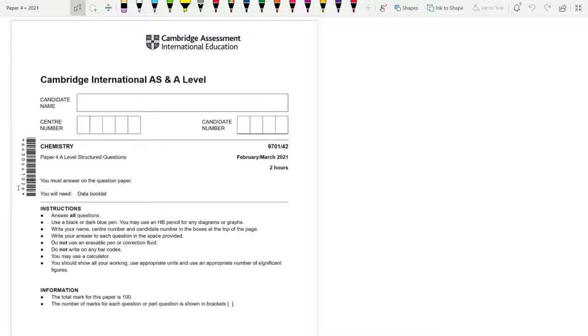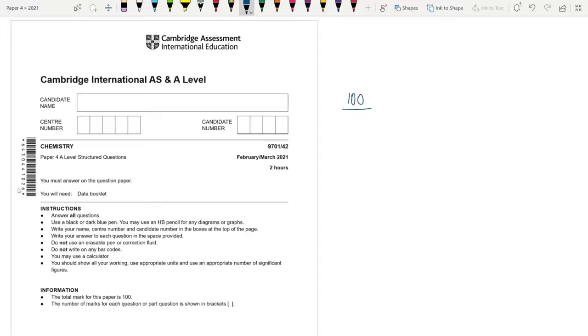Before we start, I just want to talk about the threshold. So, this was by far one of the hardest papers I've ever seen. This is Feb-March 2021. I'm gonna drop a link for the threshold down below.